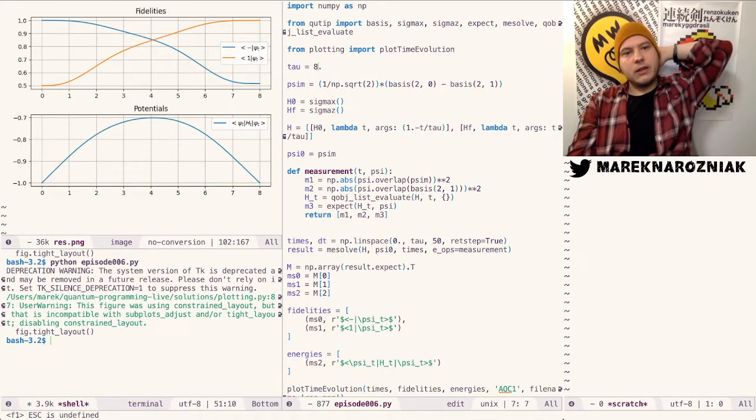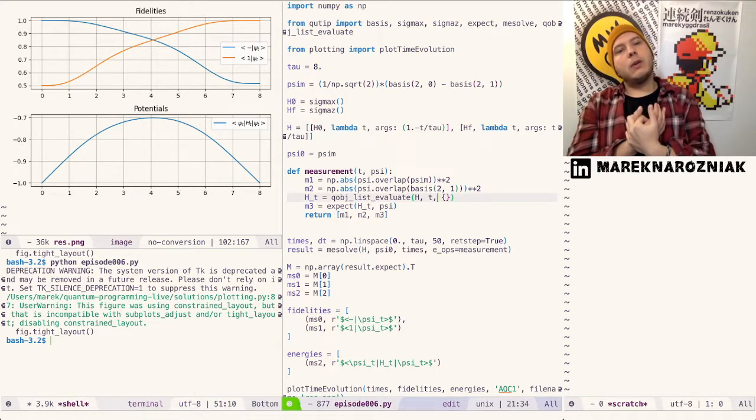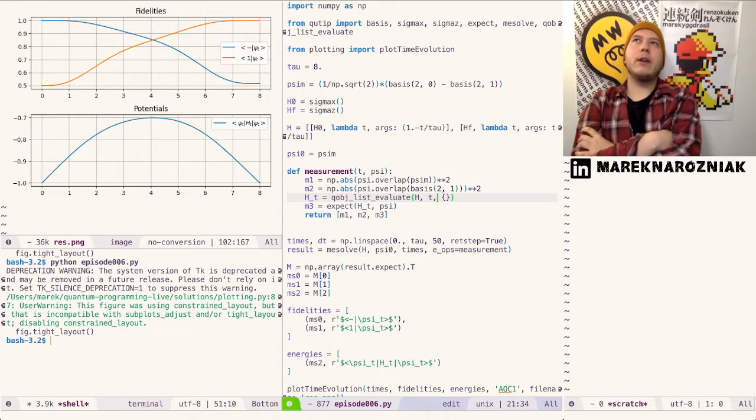So let's talk about another thing. Here we cheat a little bit because we know the energy of the ground state of Z, and we don't really know how close we get to the actual excited state.